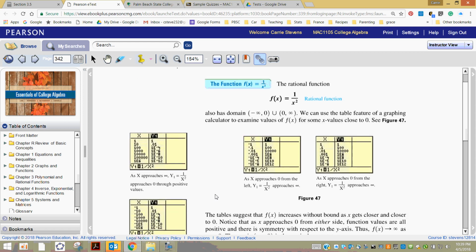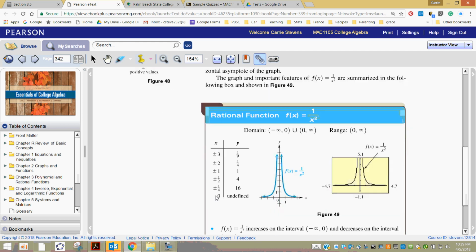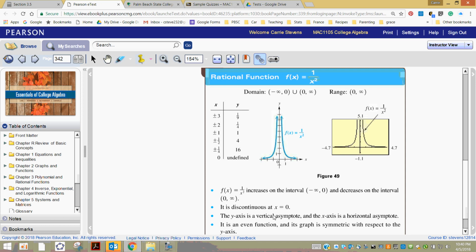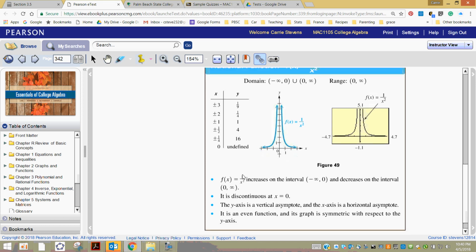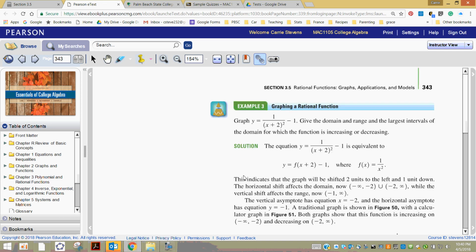All right, and here's the rational function 1 over x squared, which looks like a volcano. It's the basic parent function. And then we have example 3. This looks like it's going to be shifted to the left by 2. And down, remember when you're adding a value onto the outside of the function, that's a shift on the y value.